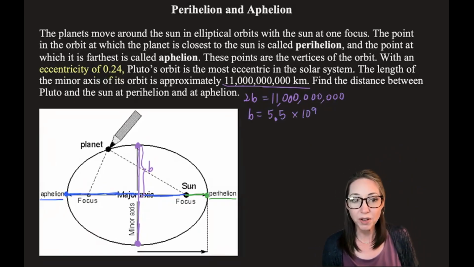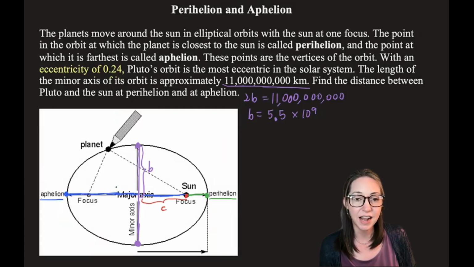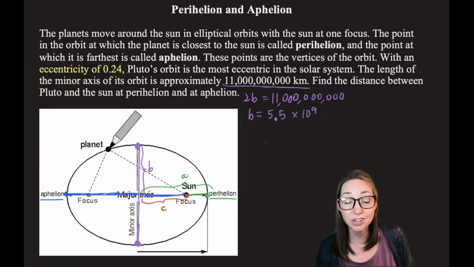We don't really need the equation of the ellipse. We just need to find c, because c is the distance from the center to the focus. The distance from the center all the way to the planet at either of the endpoints, the vertices, is called a. The relationship between a, b, and c for ellipses is c squared equals a squared minus b squared.